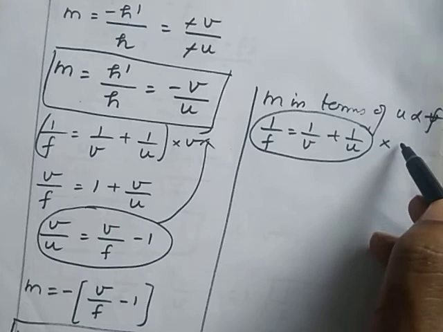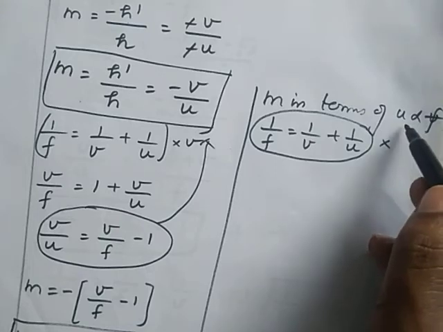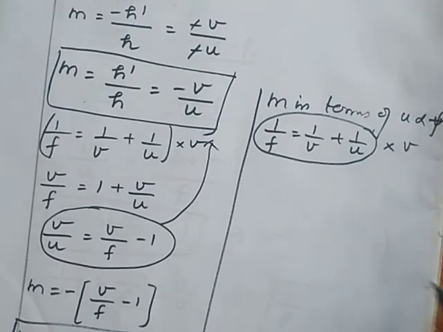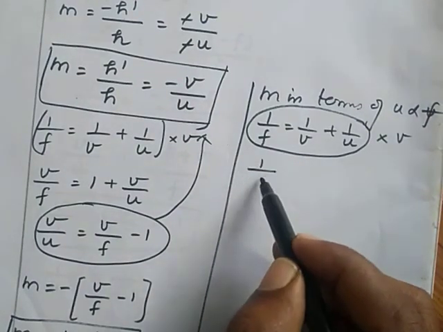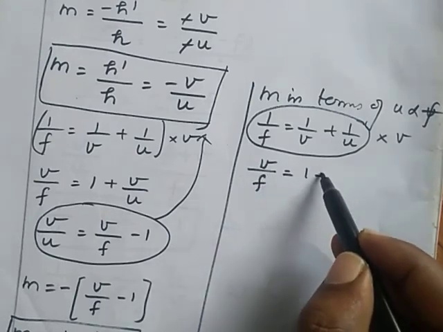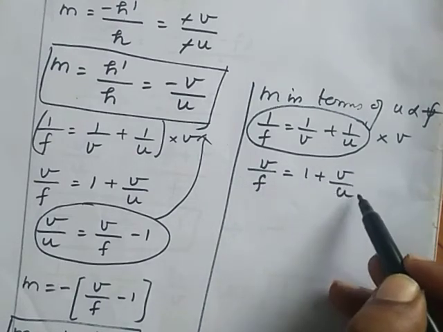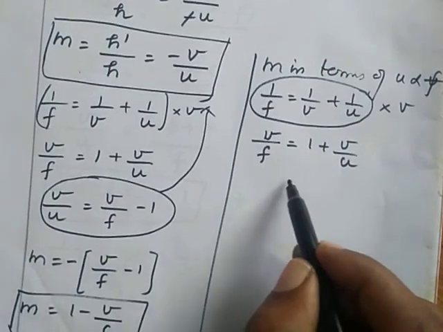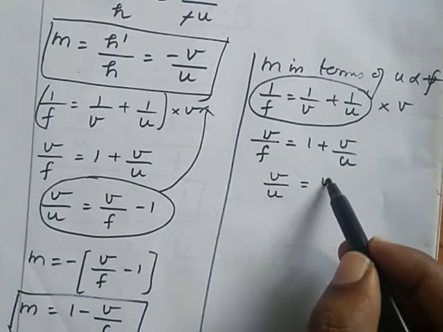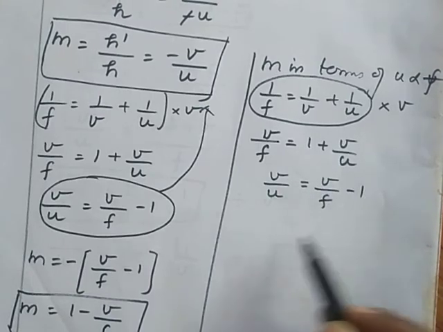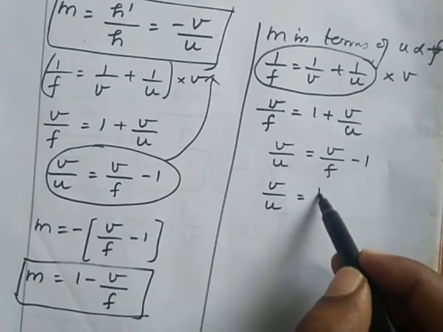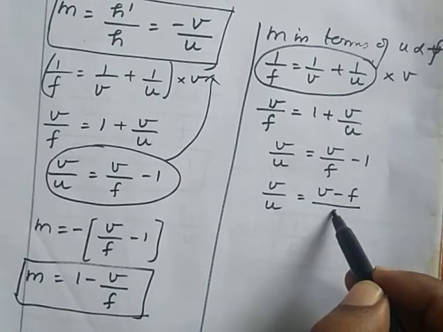Multiply this equation with v. Then we get v by f is equal to 1 plus v by u. On solving this we get v by u is equal to v by f minus 1. Again solving this we get v by u is equal to v minus f by f.